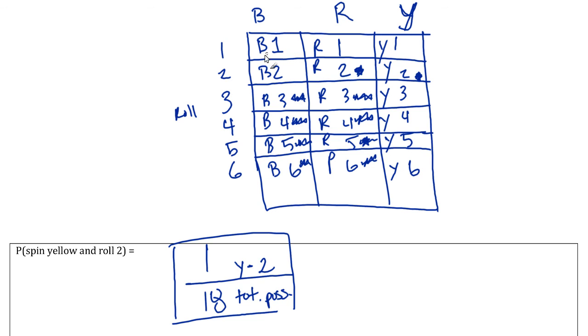We'll do yellow, odd, yellow, odd, yellow, odd. Blue, odd, blue, odd, blue, odd. Remember, odd is 1, 3, 5, 7, 9. Even is 2, 4, 6, 8.